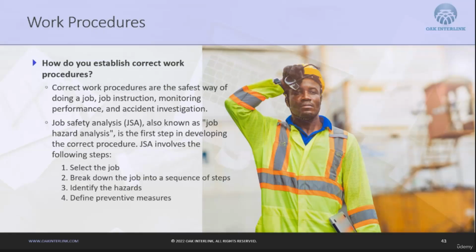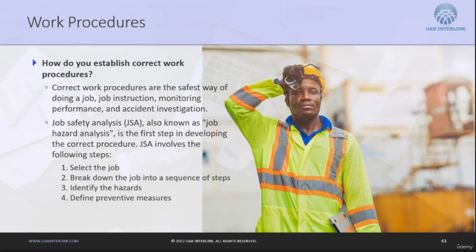Now, in order to be able to come to what the safest way to do a job is, we have to carry out a job safety analysis, JSA. Okay, in some instances we call it a job hazard analysis. It is the first step in developing the correct work procedure.